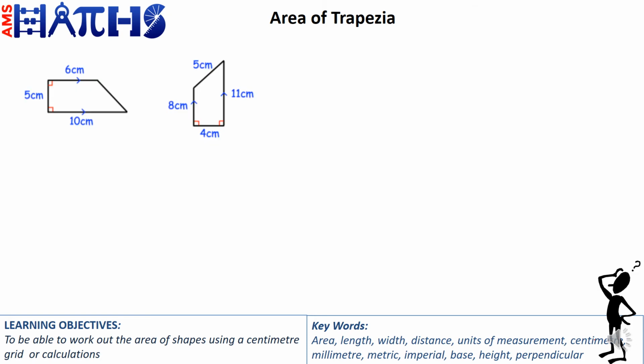Now we're going to look at these two examples for practice. As a reminder, the area of our trapezium is given by adding the parallel sides first, then dividing by 2 and multiplying by the height. In our first example, the height between the parallel sides is 5.